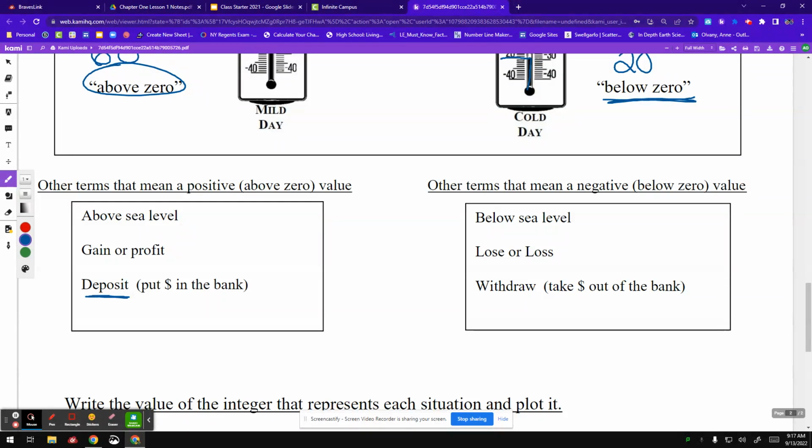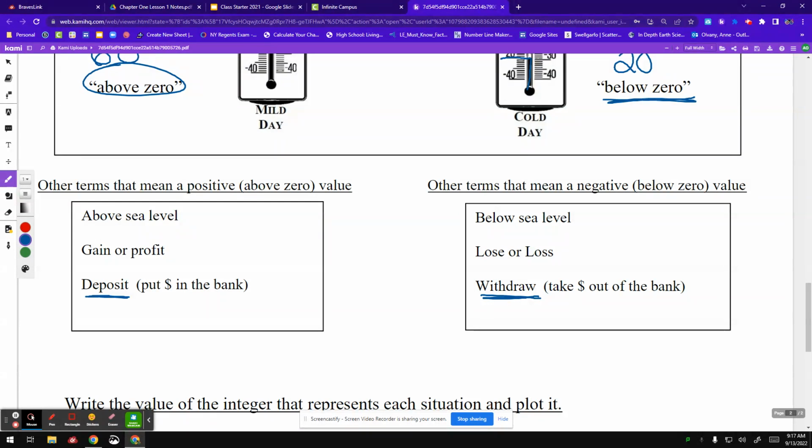Deposit is a positive number. It's going into your account. Here are some terms that would indicate a negative, or below zero. You with me, Elijah? Below sea level. You can lose or have a loss of money. That would be negative.